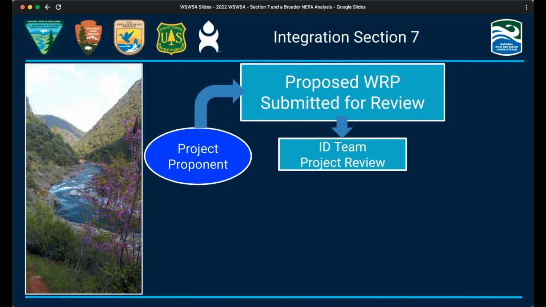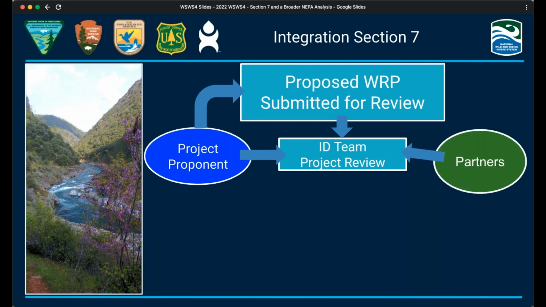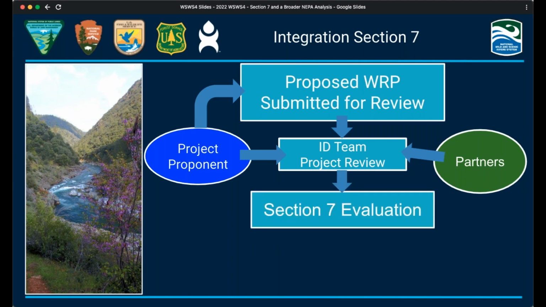And the ID team, the interdisciplinary team, can use NEPA information provided by the project proponent as the basis for its Section 7 evaluation. A wide range of partners can assist with project review and help with analysis of effects of river values. That said, it's the responsibility of the river administering agency to complete the evaluation based on the information gathered.